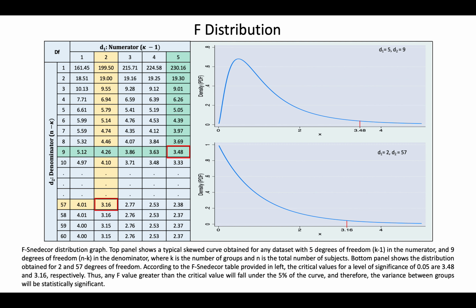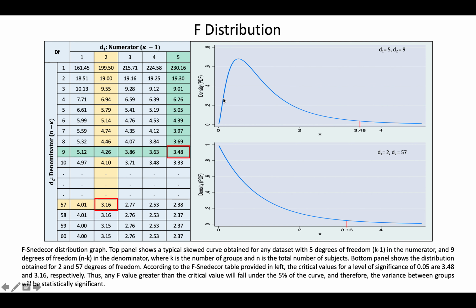Again, this is another, extreme example. What you can see here, the 3.48, is based on this F Snedecor table, which is for 5 degrees of freedom on the numerator and 9 on the denominator.